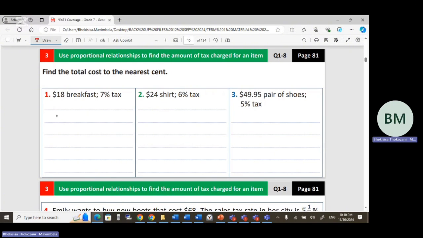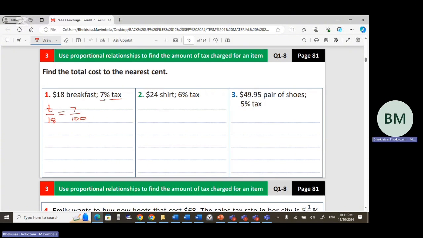Here we go. So this one here, we are going to use a proportional relationship. Because I'm talking about tax, I'm going to use T. We'll say T over 18 equal to 7 over 100.